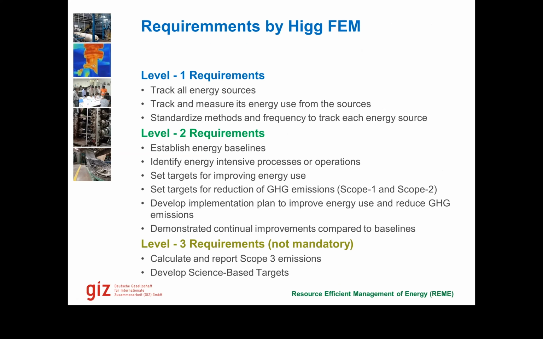When a company starts working on Higg FEM, they have to start with level 1. And if they are able to answer the first 3 questions, the level 1 questions, properly with a yes or a partial yes, and if they provide proper data there, level 2 opens for them.